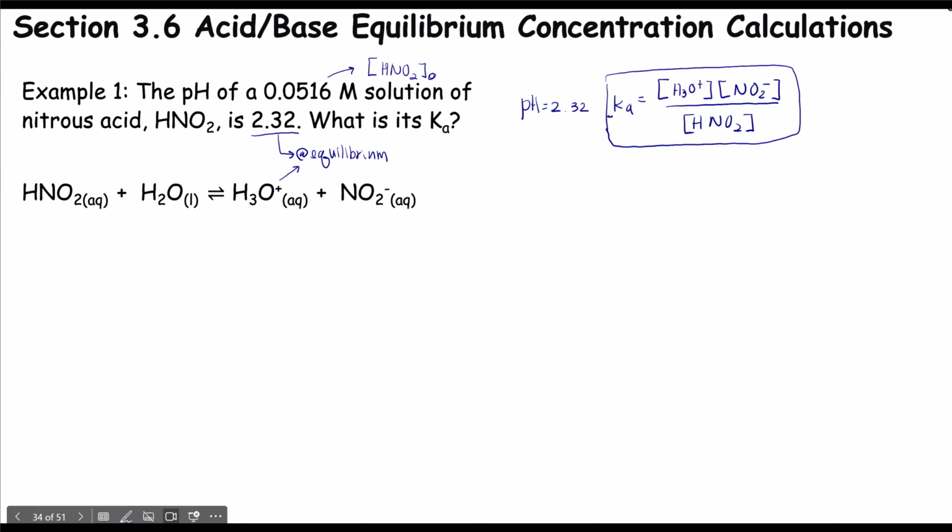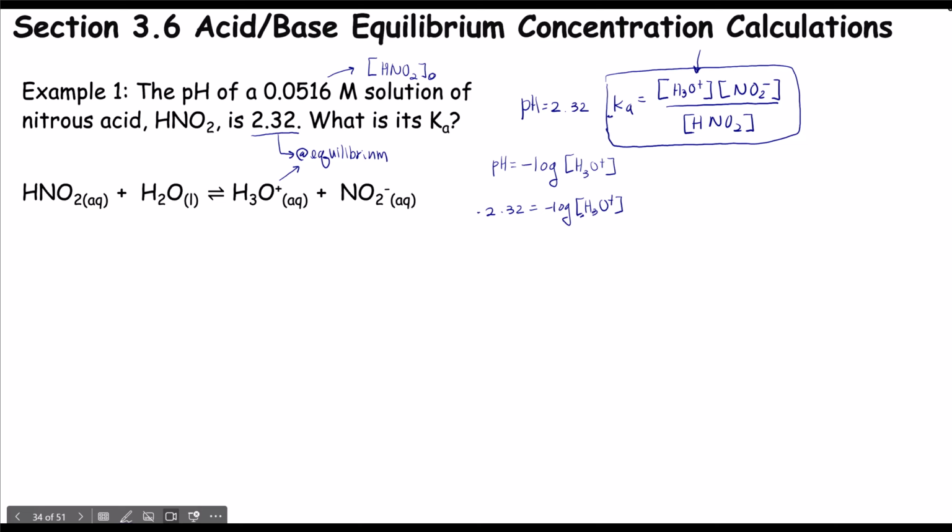So let's target the H3O plus, which is the hydronium ion. pH is equal to the negative log of the hydronium ion. And we know that pH is 2.32, which is equal to negative log of the hydronium ion.